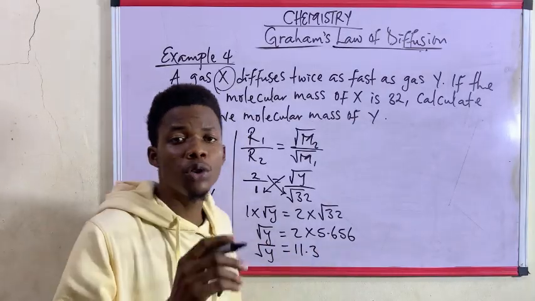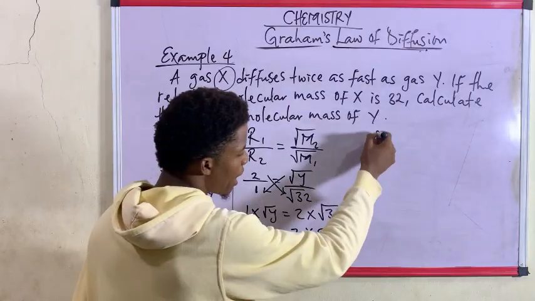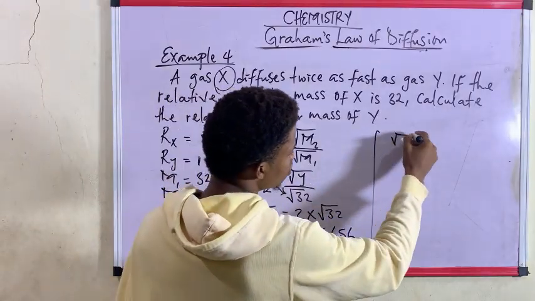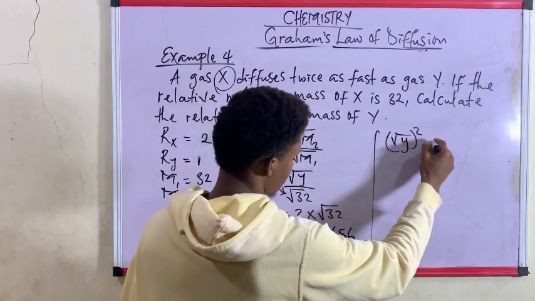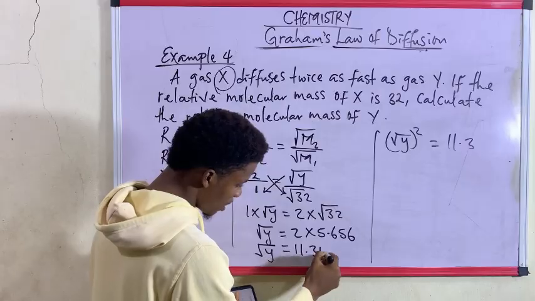But now we were told to look for Y, not root Y. So what do we do? We square both sides. So our root Y, we square it, equals 11.3, not just 11.3, 11.313.